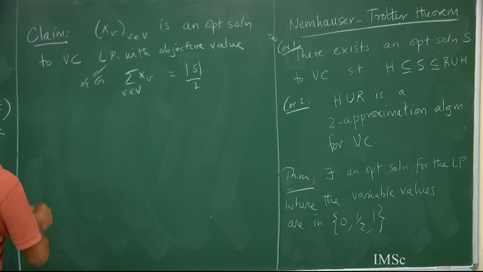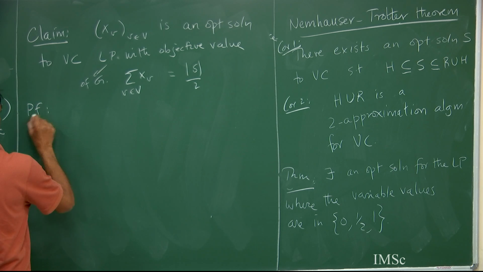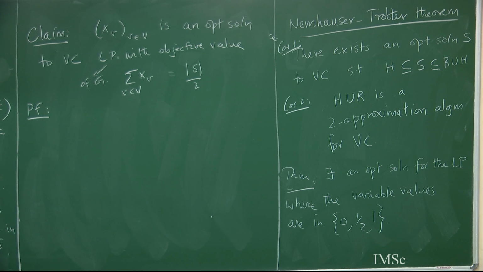Okay, so first, is it obvious that it's actually a feasible solution? Does it satisfy all the constraints, right? So, you pick any edge UV, I mean that's obvious, right, because your S is a vertex cover in the bipartite graph.